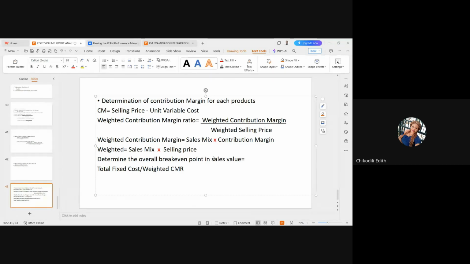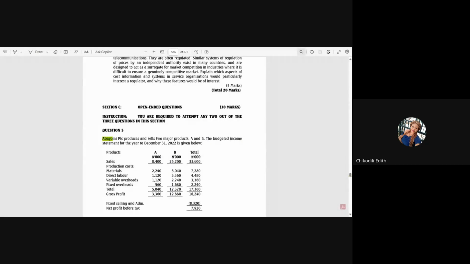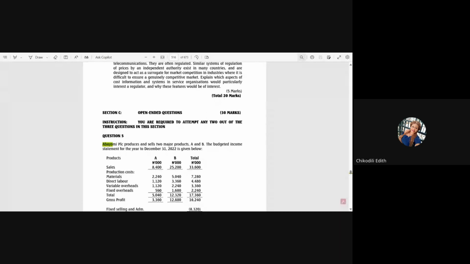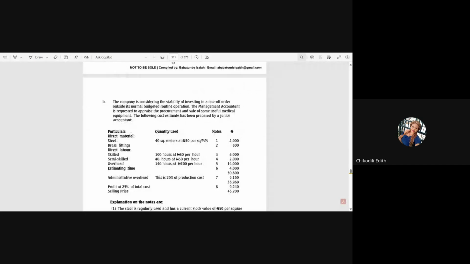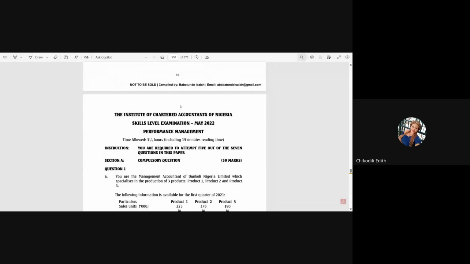Then gross profit, fixed selling and admin, and net profit before tax. The budgeted selling price is 120 for product A and 180 for product B. Required: determine the break-even sales in units for each of the products using the budgeted data.